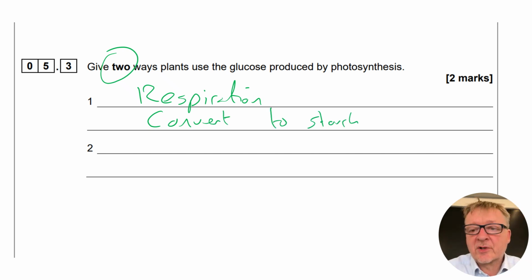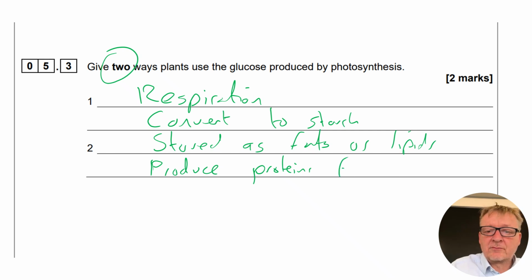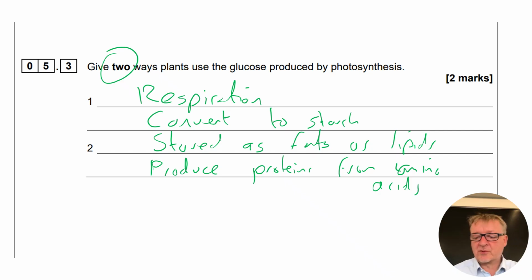A potato plant makes the glucose in its leaves, then transports it around the plant and it goes to the potato and gets stored as starch. It can be stored as fat or lipids, like a peanut, like olives. And it can also produce proteins from amino acids. Good.